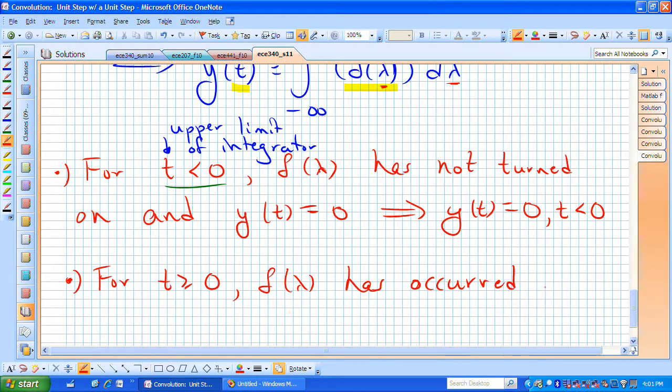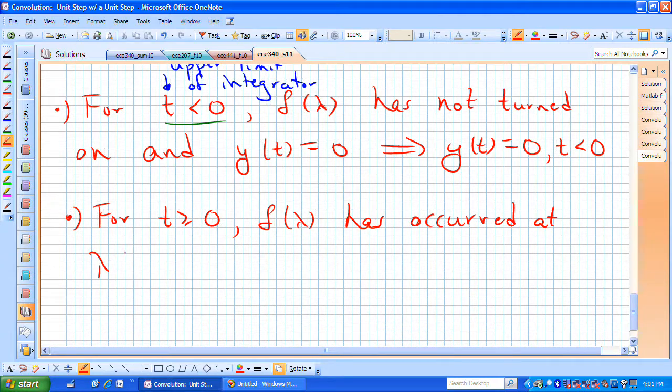The impulse has happened, and that happens at this variable of integration right at lambda equals 0. And if the impulse has happened underneath an integrator, then the area underneath that impulse waveform, delta lambda, is 1 by definition of the impulse.